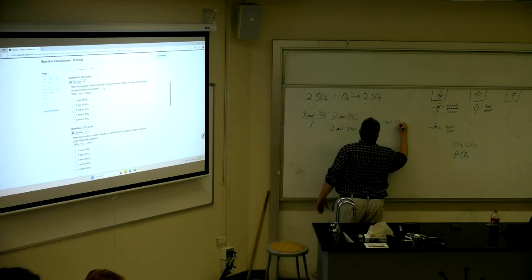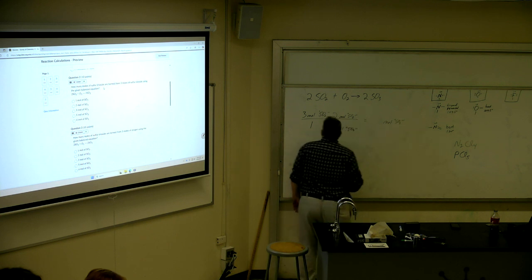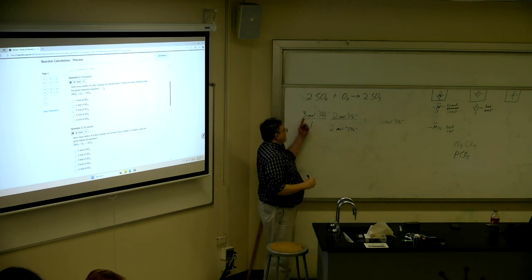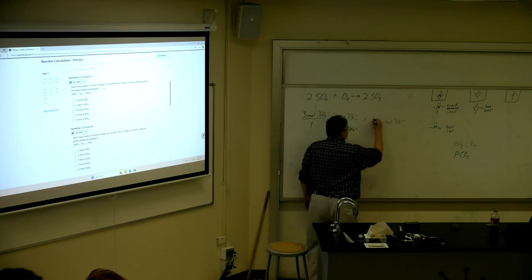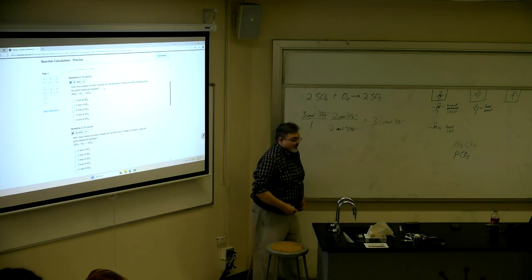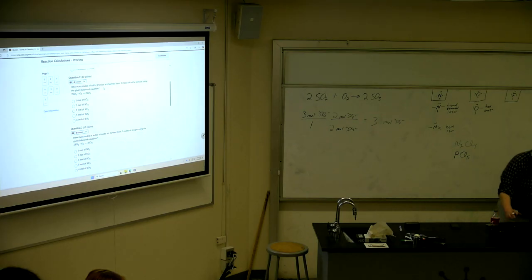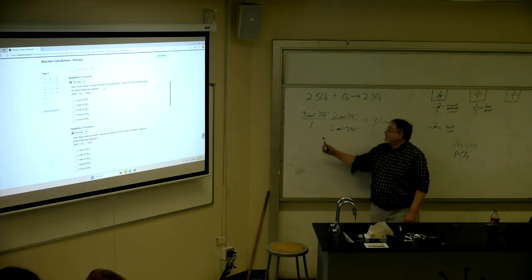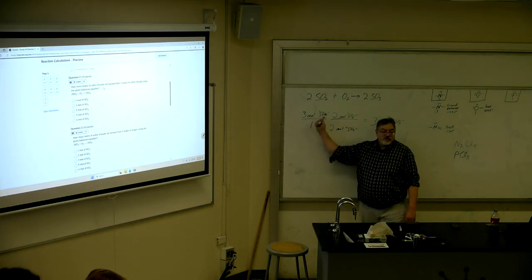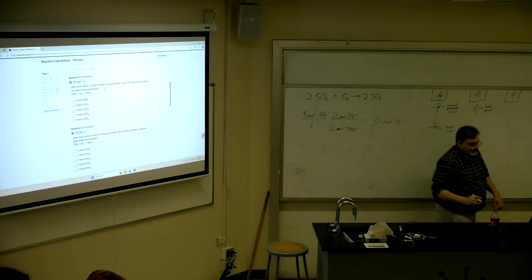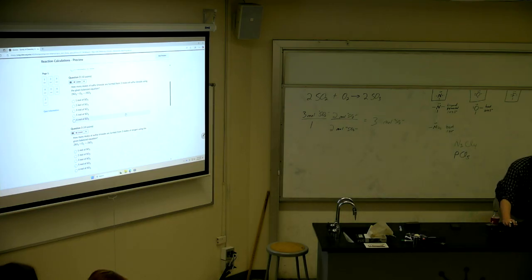There's a 2 here and a 2 here, so 2 with SO2, 2 with SO3, and that'll tell you how many moles SO3 are formed. And of course, it just ends up being 3 because this is pretty simple. That's the significant figures too, just 1. But the ones I'll put on the test have 3.46 or something. I won't keep them in neat integers like that.